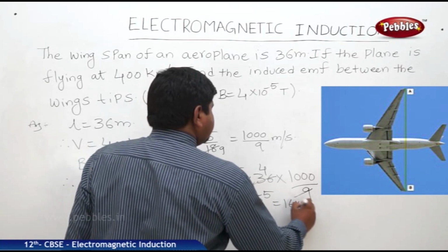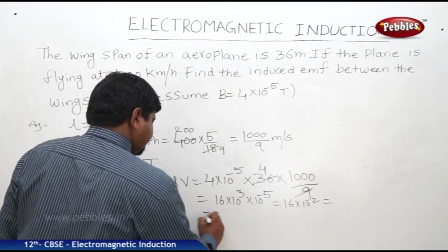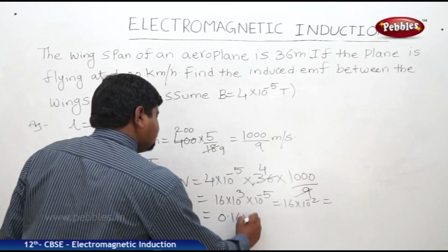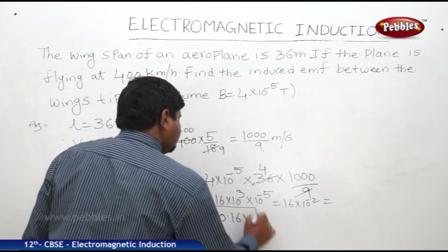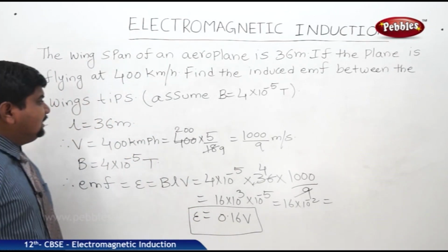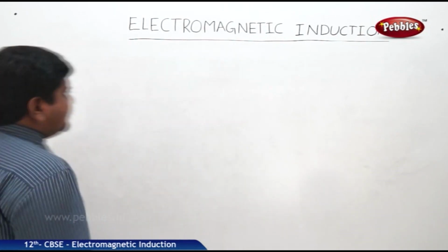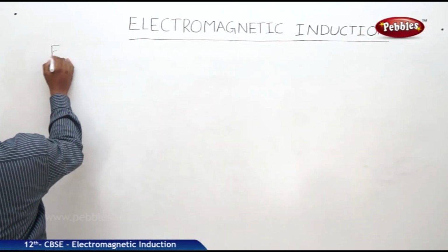It is 16 into 10 to the power of minus 2, approximately 0.16 volts. So this much potential or this much EMF will be produced between the wing tips. Next concept is eddy currents.